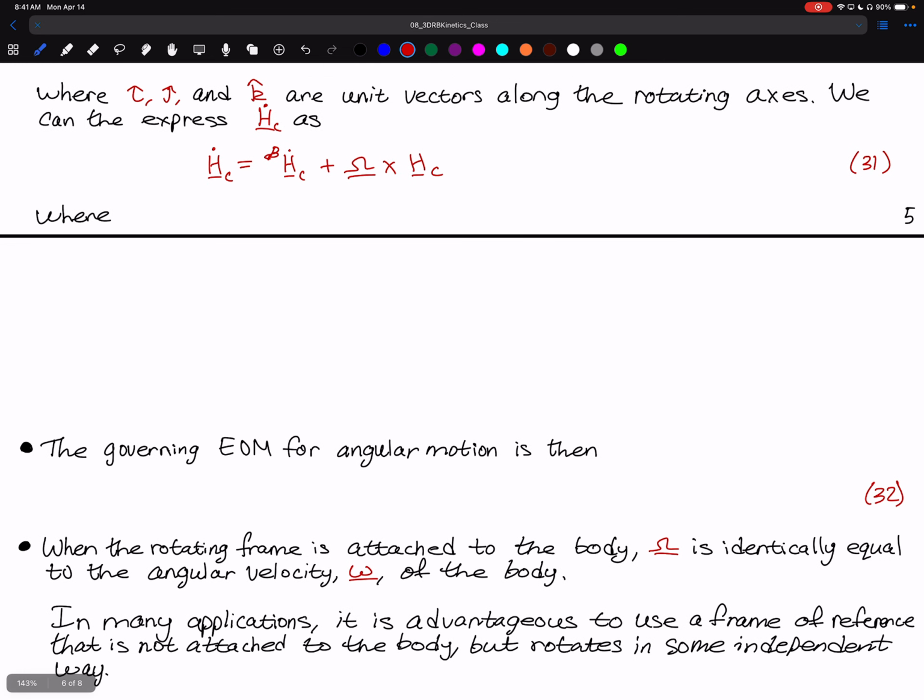H sub c dot is the rate of change of the angular momentum of the body with respect to frame A, with a fixed orientation. So frame A is not rotating.